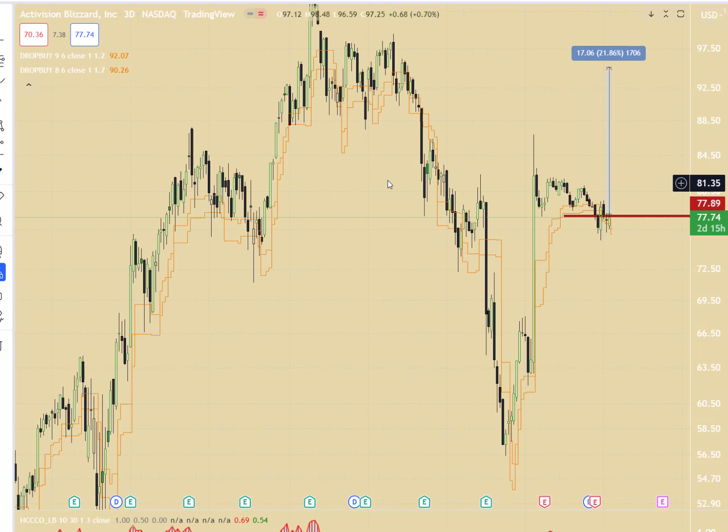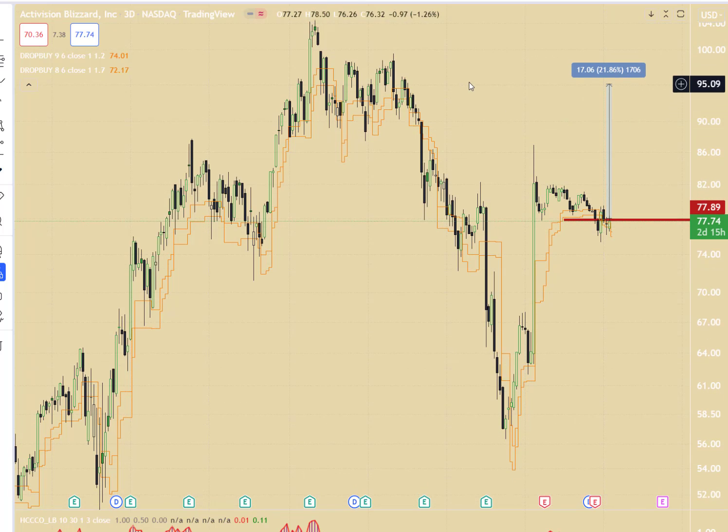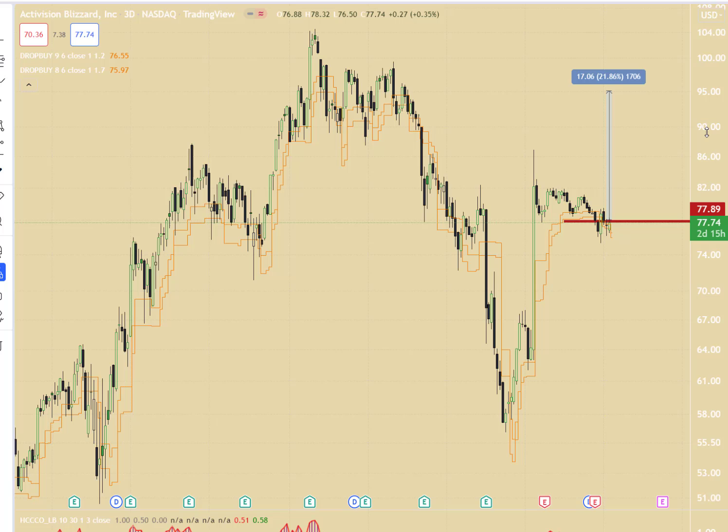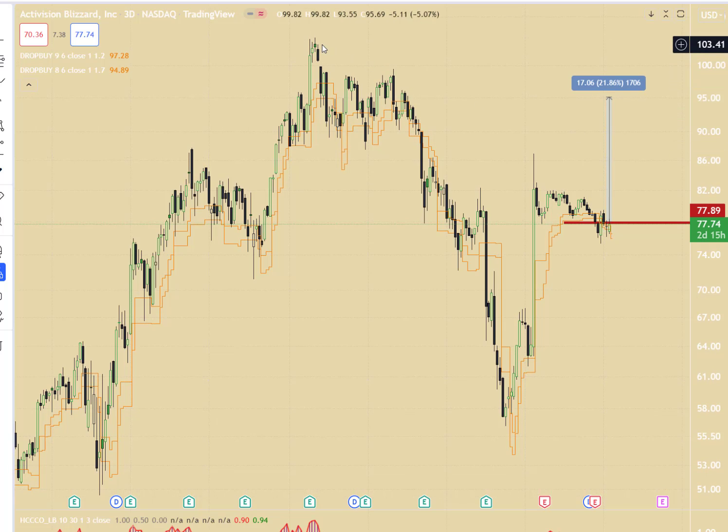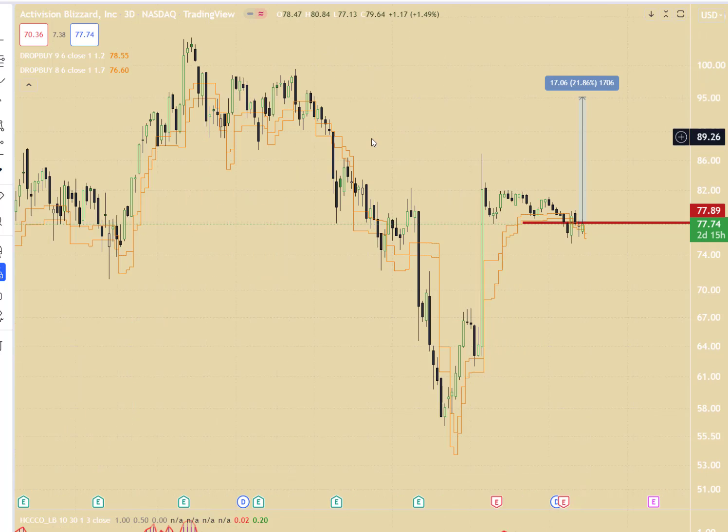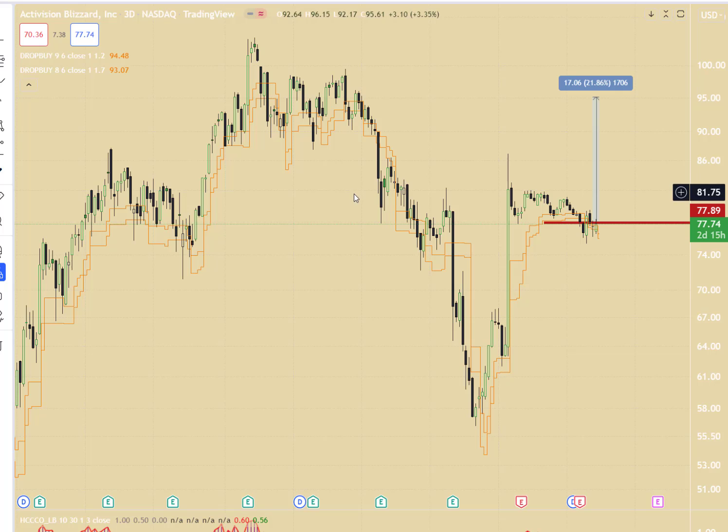The other thing I look at is that it has traded above that. They did announce that they accepted it, and it's traded above that in the past, up to $100. So technically it looks like it could do that anyway.